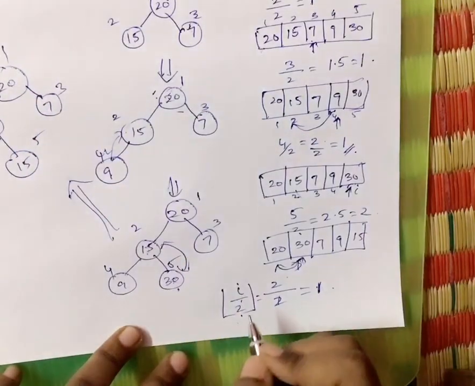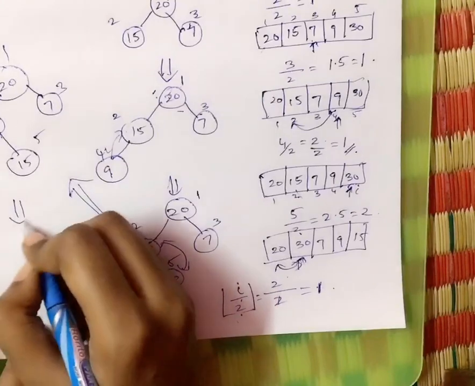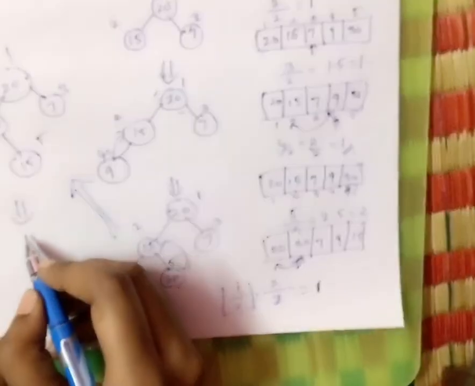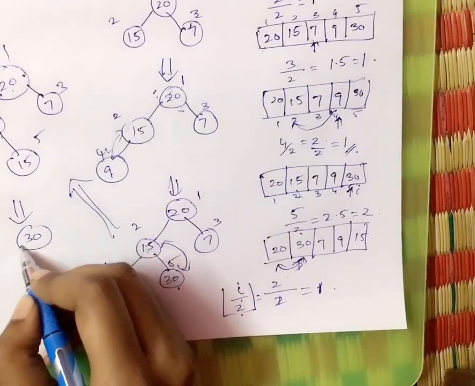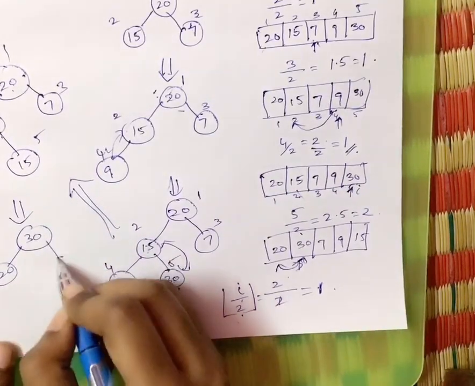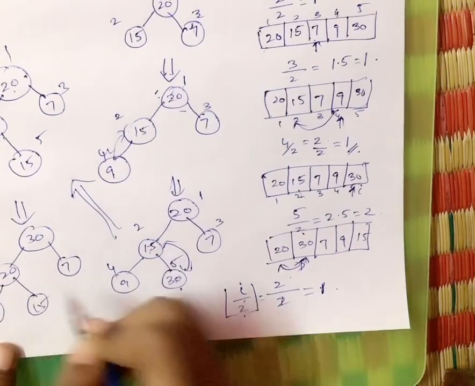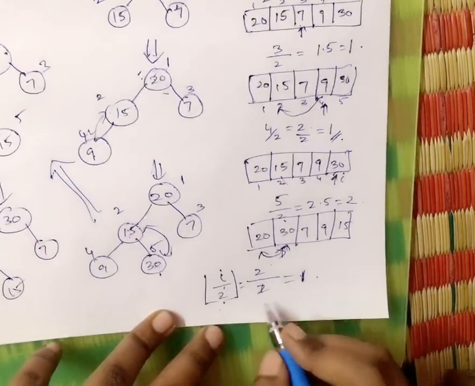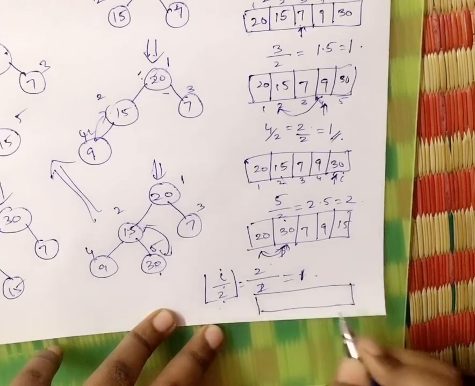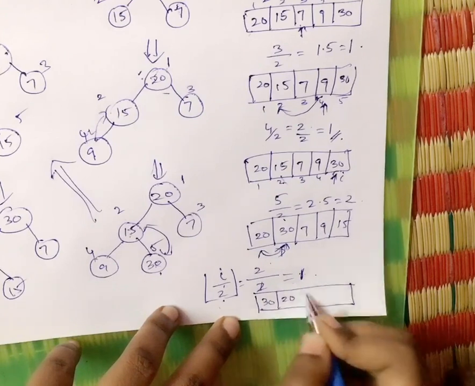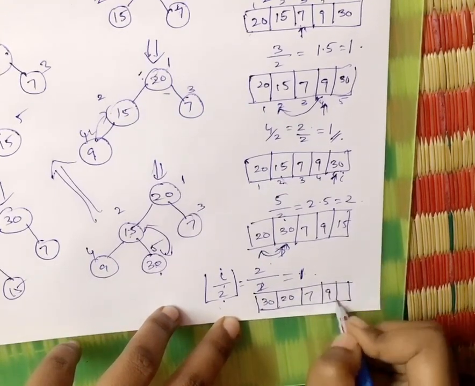Again we need to swap these values, because the parent has the lower element. So I will swap 30, 20, 7, 9 and 15. I will update this array also. Now the array will be 30, 20, 7, 9 and 15.